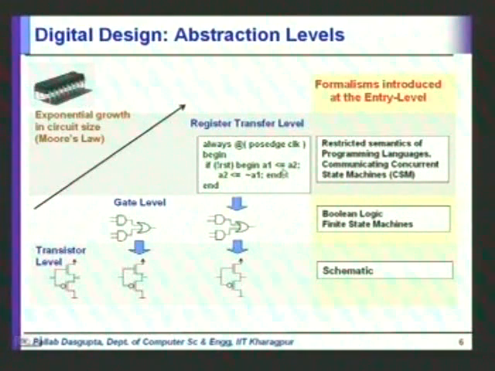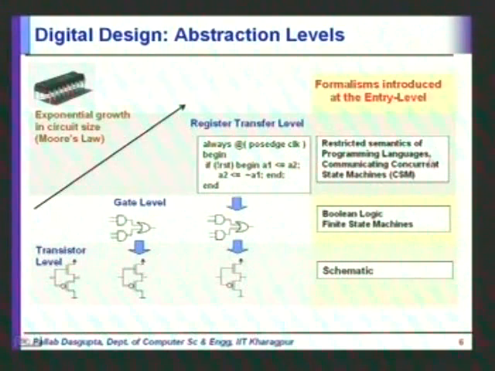So I will show you the code of the Sun Spark processor, which is one of the state of the art processors. So you will see that it has become huge, millions of lines of code for one design. Now that again is very difficult to navigate. So we need to raise the level of abstraction even further.